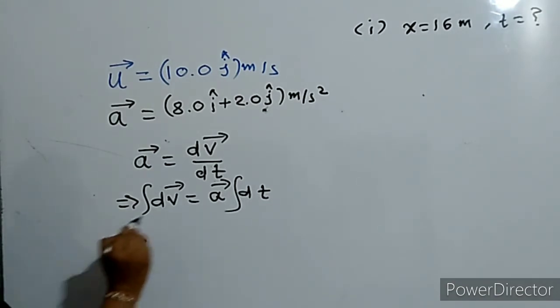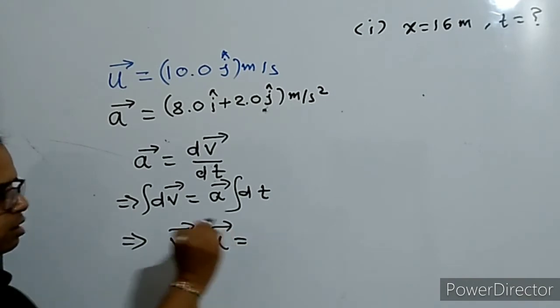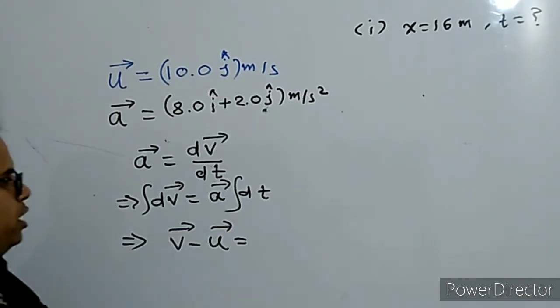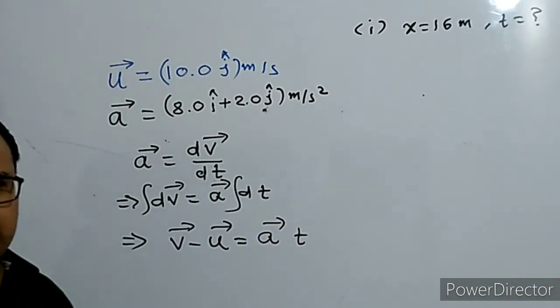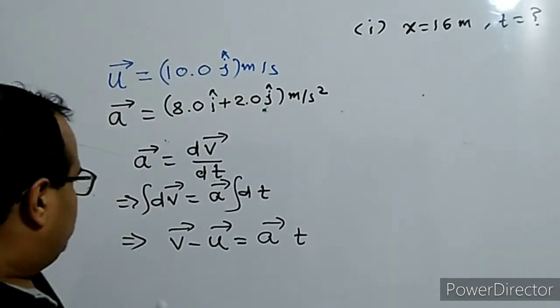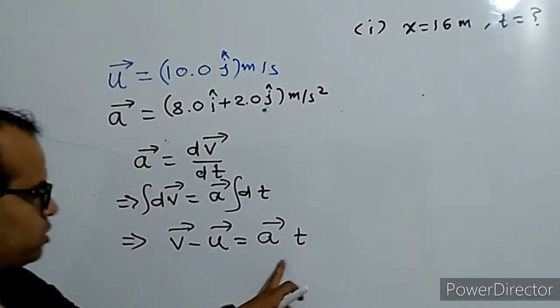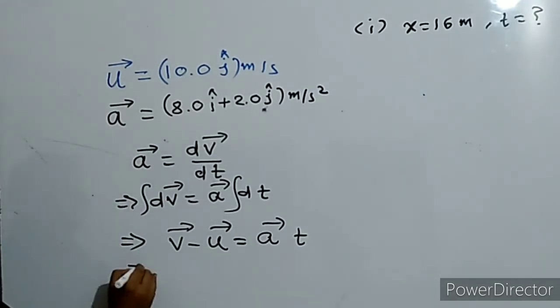This implies when you substitute the values, you will get v vector minus u vector is equal to a vector t. So we can find v vector from here.